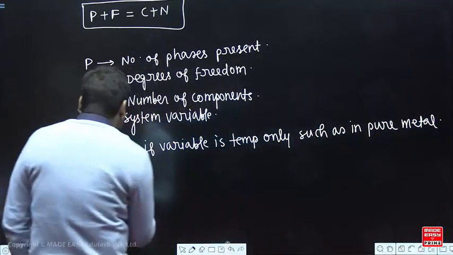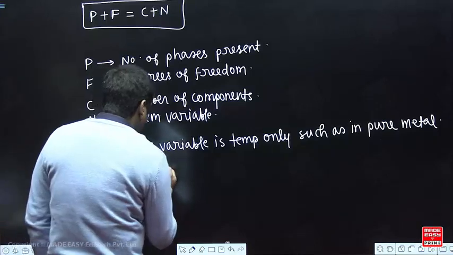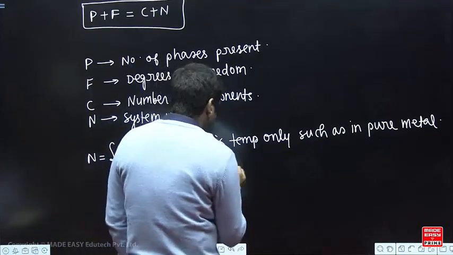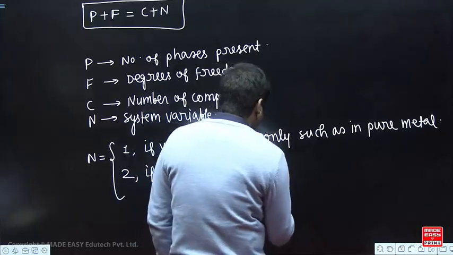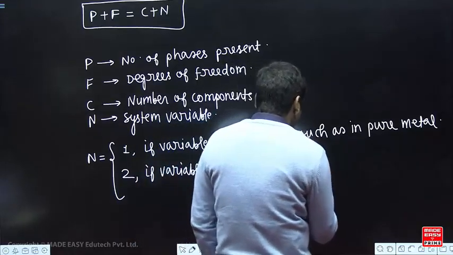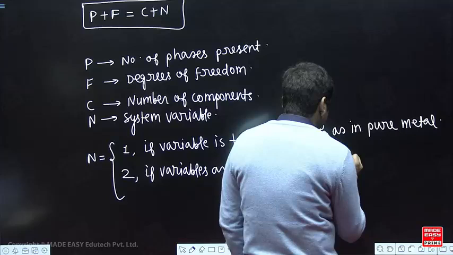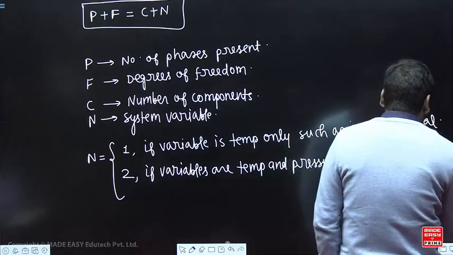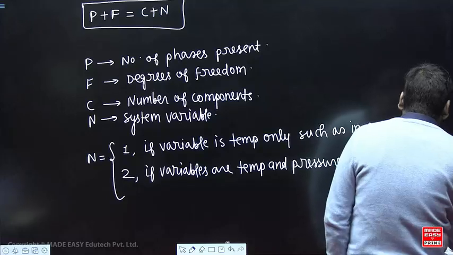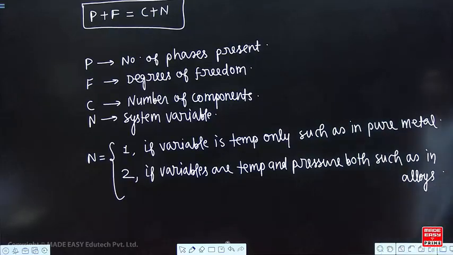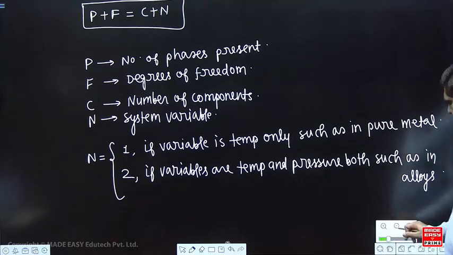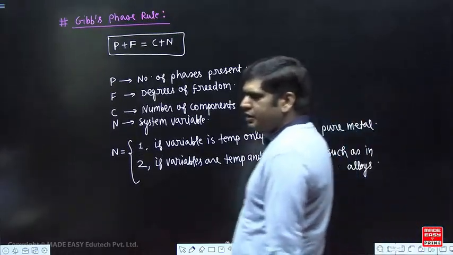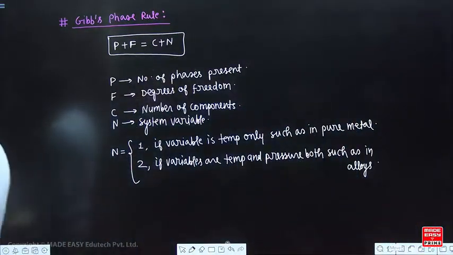But N is 2 if the variables are temperature and pressure both, such as in alloys. So for metals and alloys, the Gibbs phase rule will differ. Please note it down. For metals and alloys the Gibbs phase rule will change. Let's see how.